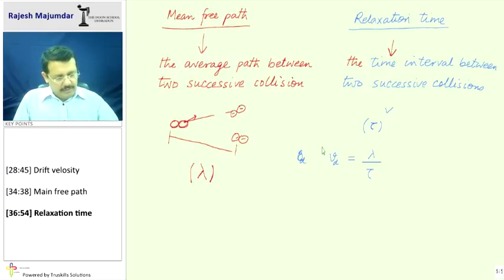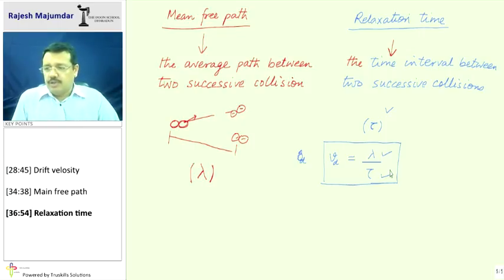Very well, very good judgment. Some of you must have judged it before, that the distance is lambda, tau is the time. So average path divided by average time will give us the average velocity, and that velocity is named as drift velocity. So mean free path per unit relaxation time is called the drift velocity.